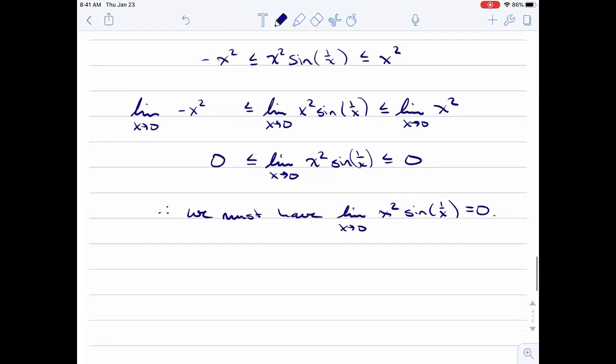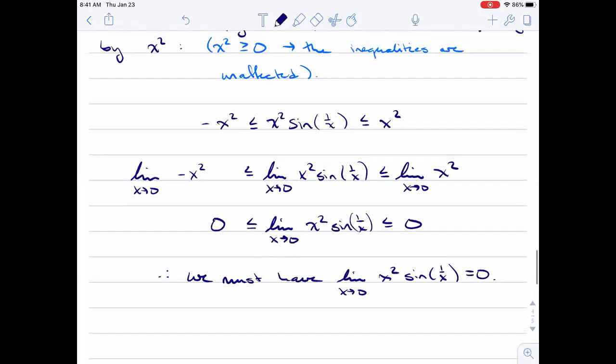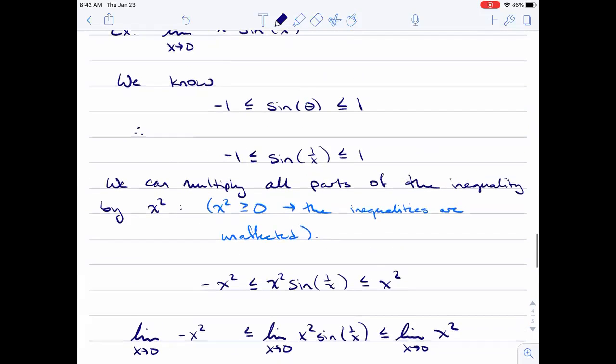So what you're going to do, right, is you're going to figure out, okay, well, there's going to be a sine or a cosine in there, right? And so you'll start with just the bare bones sine and cosine, that's going to be between -1 and 1, right? And then you're going to multiply or add or subtract or do whatever you need to do to everything in the inequality to make the center look like the function that you want.